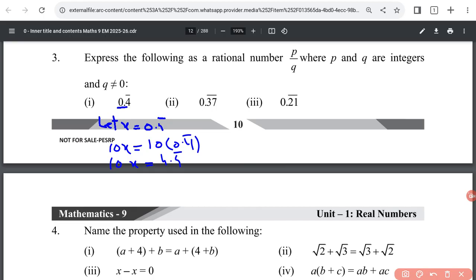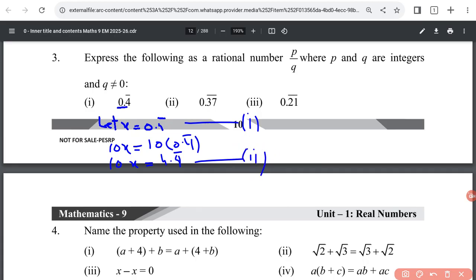Now we give the name equation 1 to this and equation 2 to this.